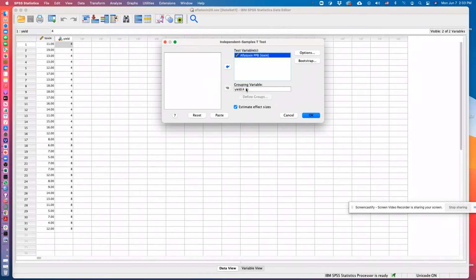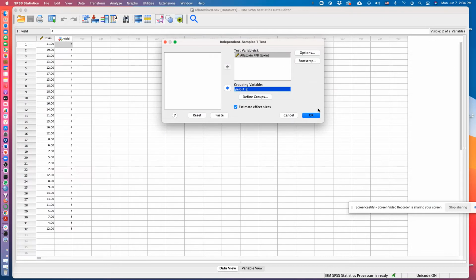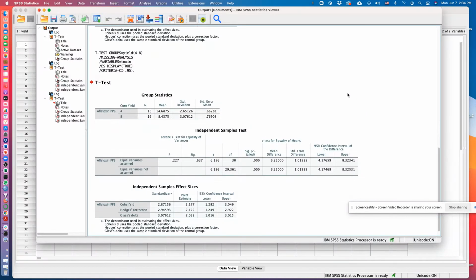And then here is where you would define your groupings, right? So we have to let SPSS know that one is called 4 and one is called 8. And once you have done that, then you can go ahead and generate your t-test.